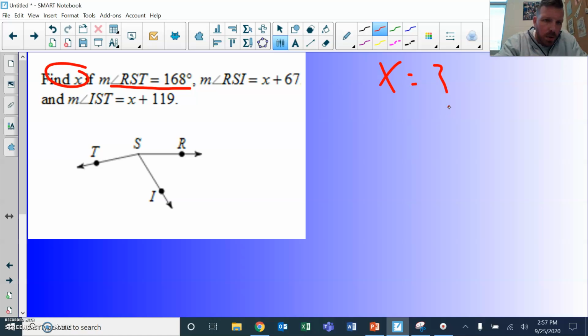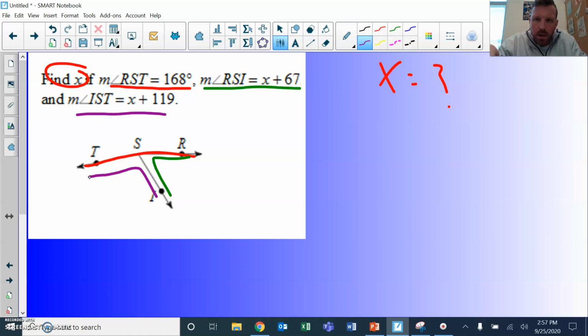RST is this whole thing, so that's 168. RSI is this piece, and IST is this piece. IST is X plus 119, right?